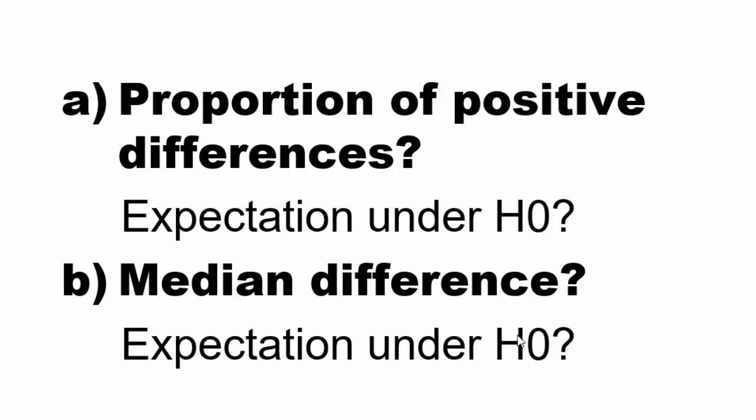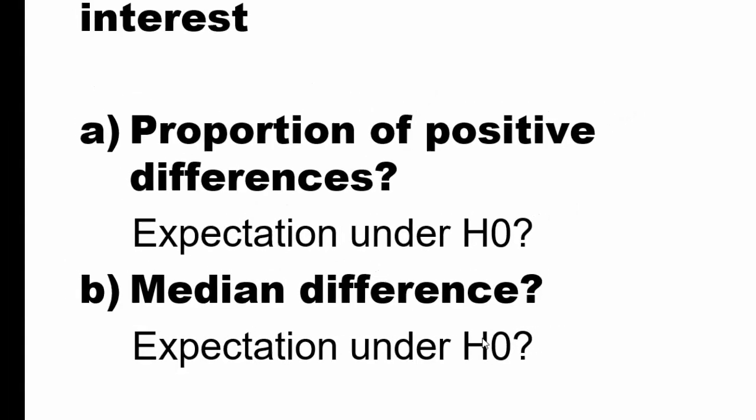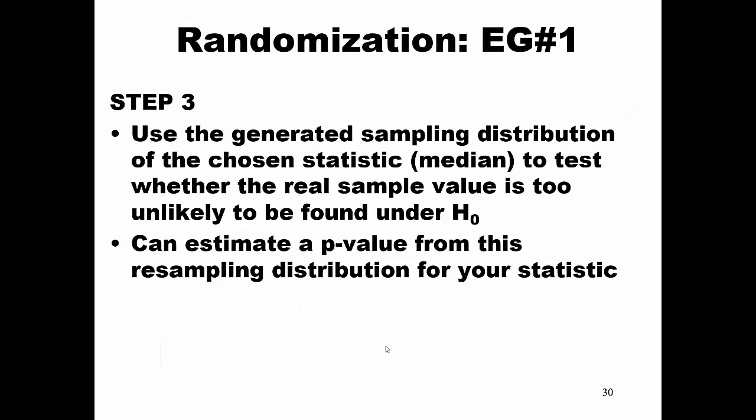There would be no difference. We can test our observed median against that. So we're going to generate our resampling distribution and see where the median in the real data lies in that resampling distribution of the median under H0. And we can even calculate a p-value from our resampling distribution.